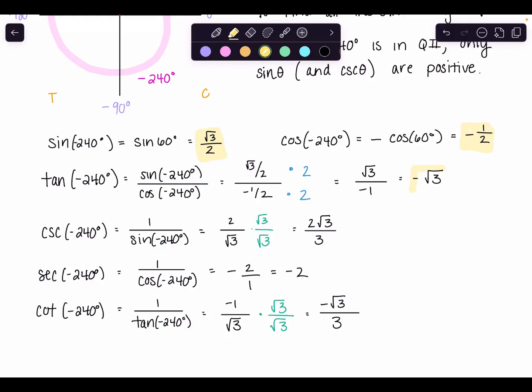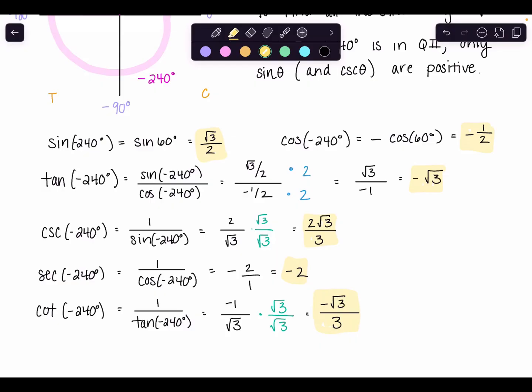So that gives us really negative 1 over root 3. And again, we don't like that, so we rationalize by multiplying by root 3 over root 3. So that gives us negative root 3 over 3. So those are your 6 different trig functions for this one particular angle.